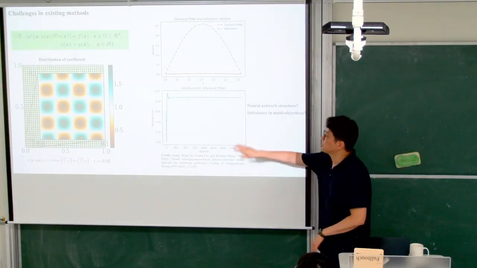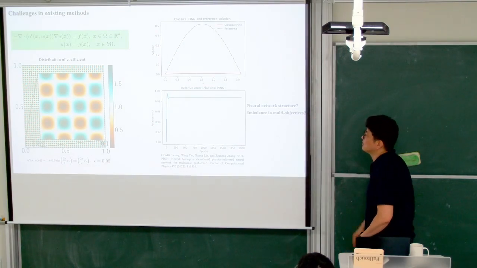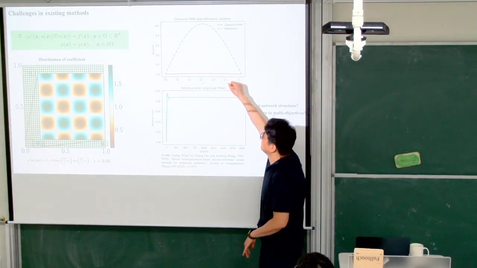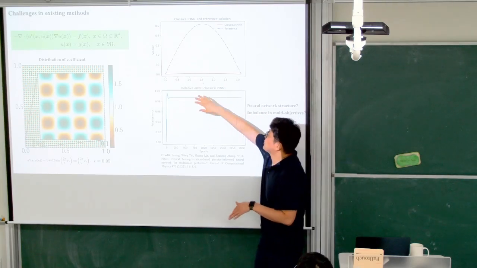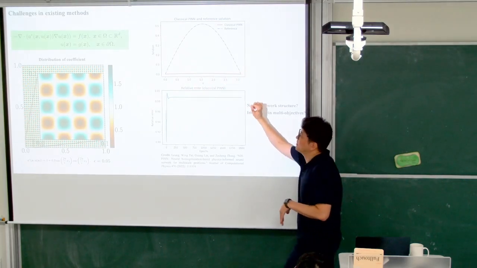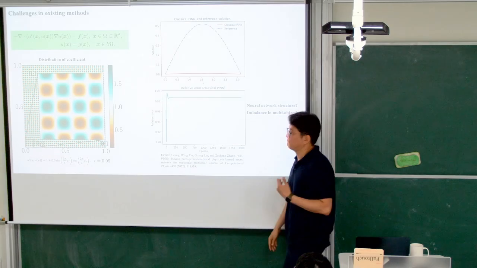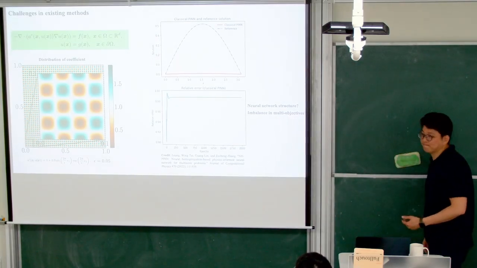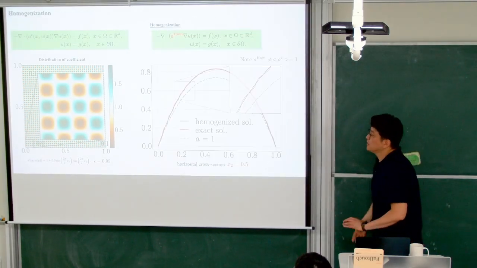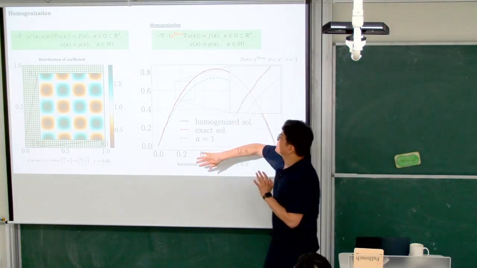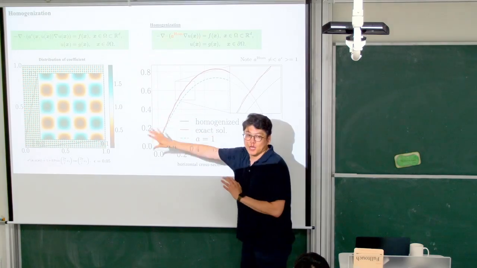Also, when you solve it with another method, the PINN, it's not easy to capture the shape. The exact solution looks like a bell shape, but the PINN actually never learns it. This is the exact solution of this problem.